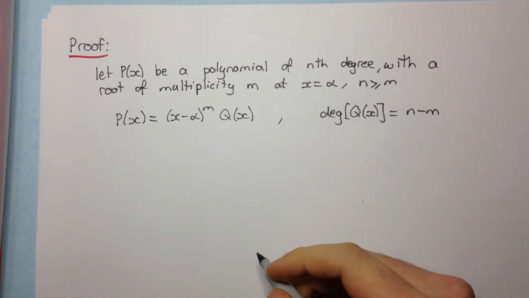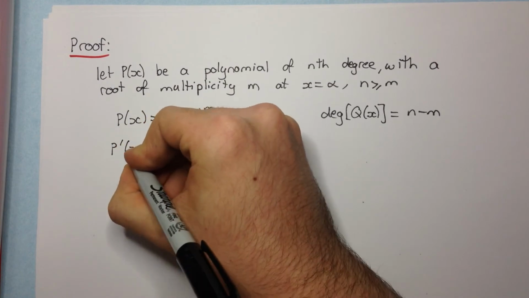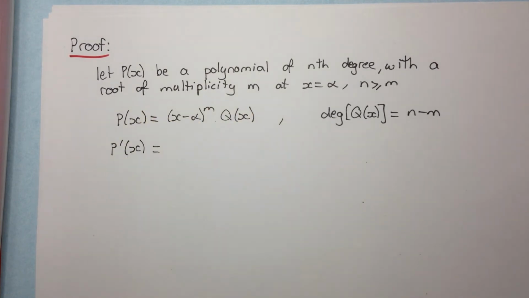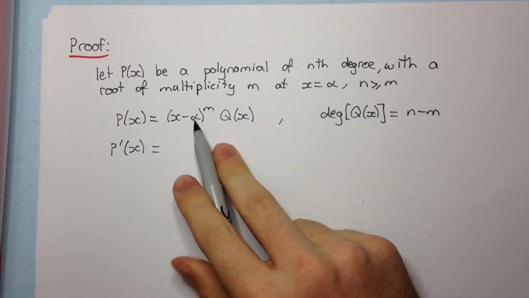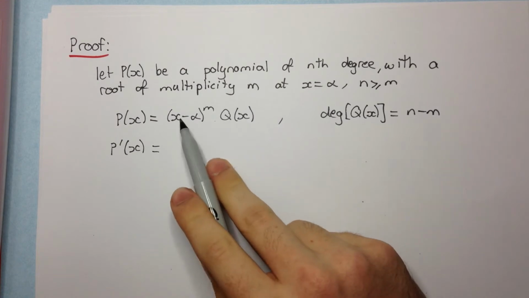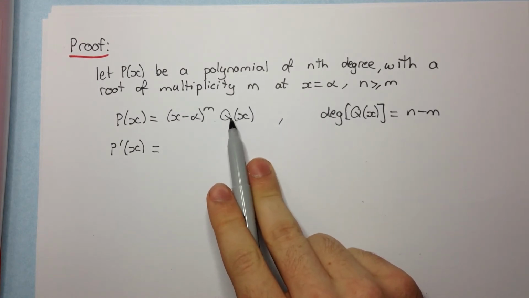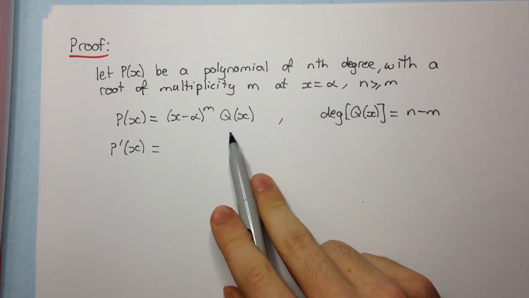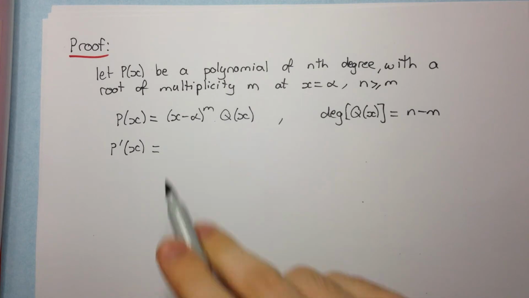Okay, now we can go ahead and differentiate both sides. So the derivative of p of x, so p dash x equals. Now here, you should recognize this as a product, so we have to use the product rule. So the product rule says we differentiate the first and times it by the second, plus the derivative of the second times the first part.